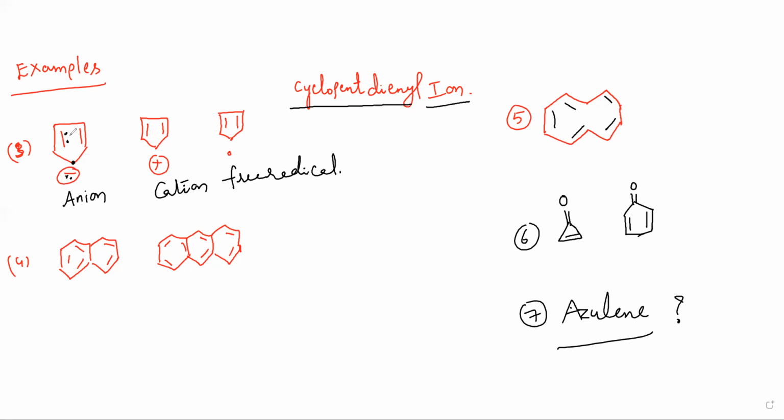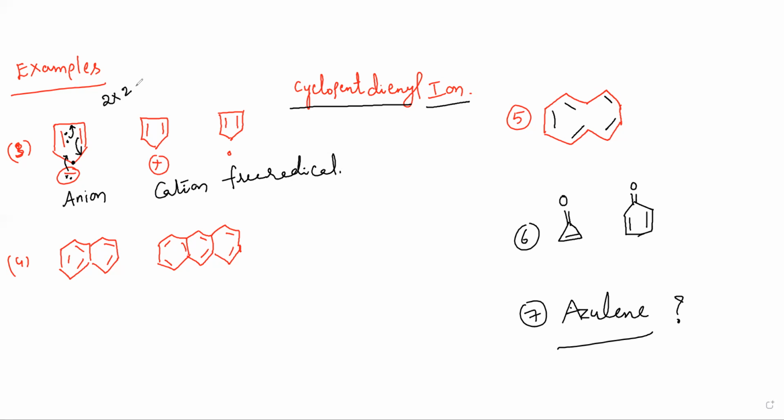If only the pi bonds are involved in conjugation like this, the pi bonds will revolve, so no complete conjugation happens. When this lone pair is involved in conjugation, at that moment complete conjugation takes place. So how do we identify the total number of electrons involved in conjugation? Two pi bonds, so 2 into 2, 4 electrons.